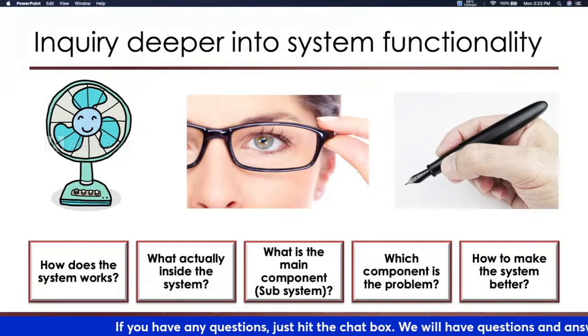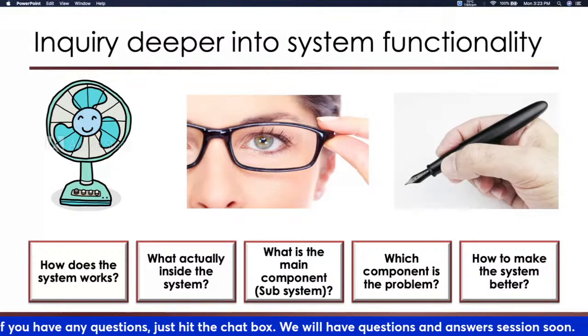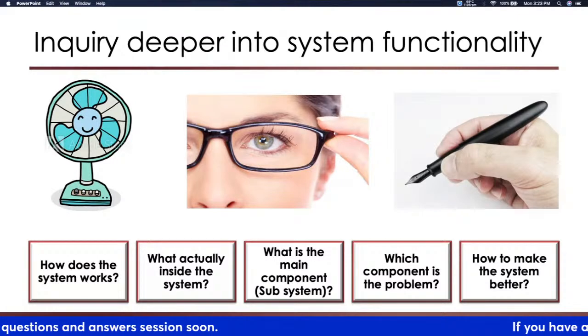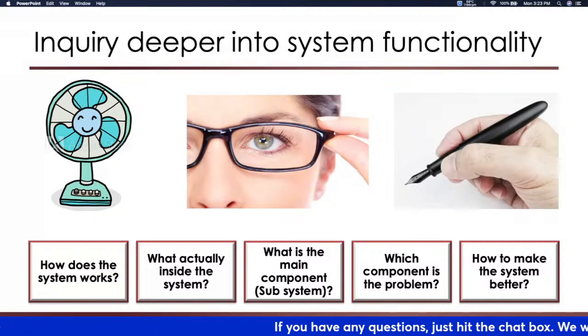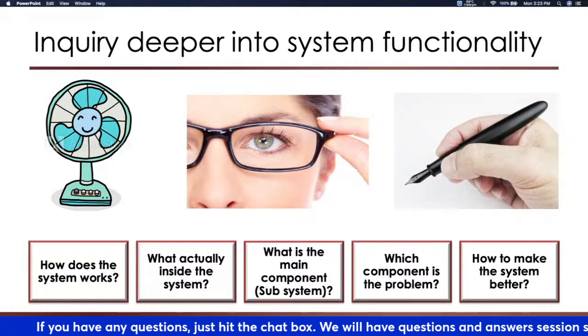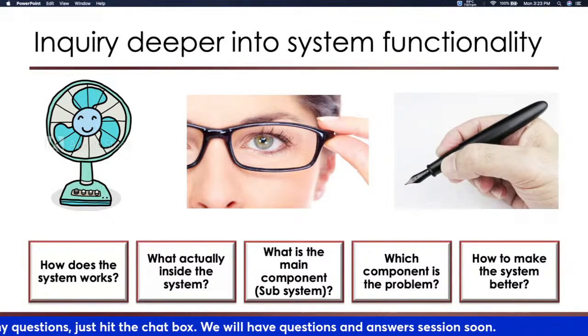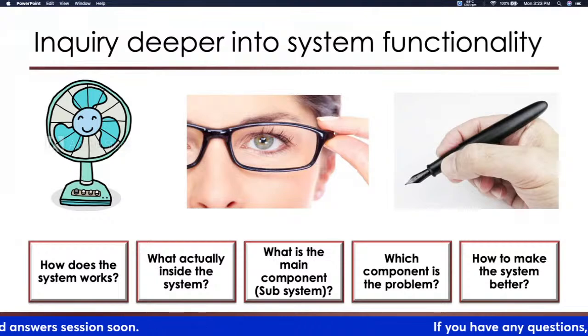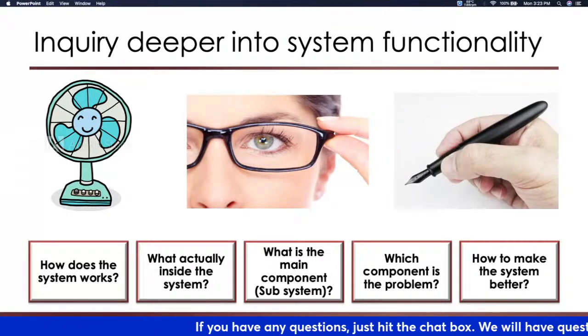There must be an important component inside the system that makes the function, and also an important component that creates the problem. So we need to understand which component carries the function, which component brings the problem, and how we want to tackle this kind of issue from the component perspective. So this is how we use TRIZ.